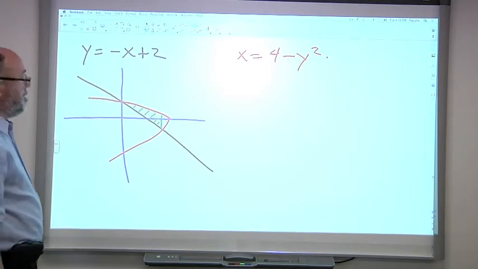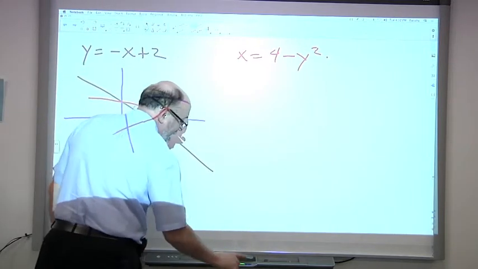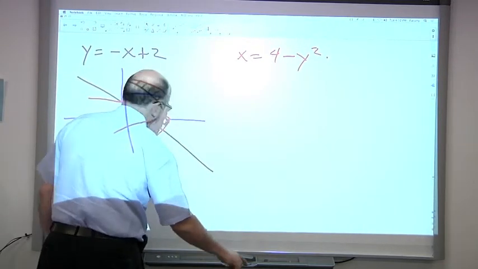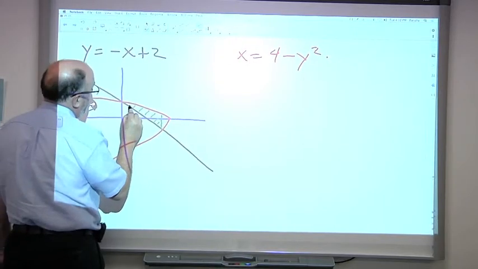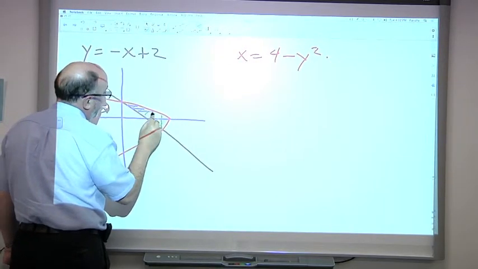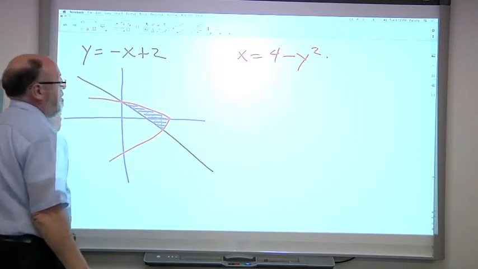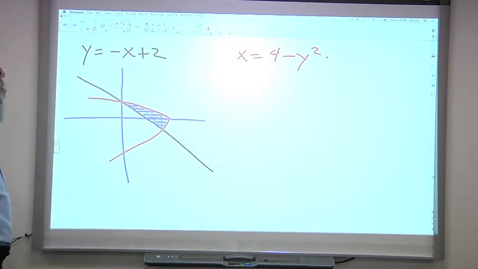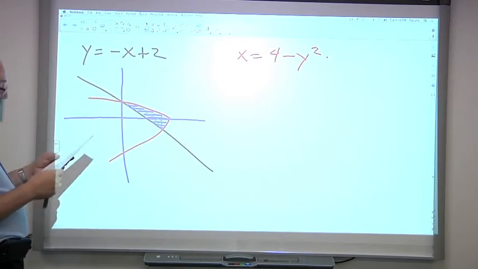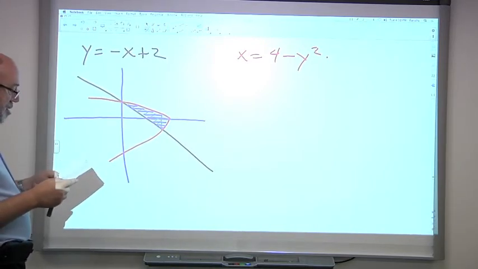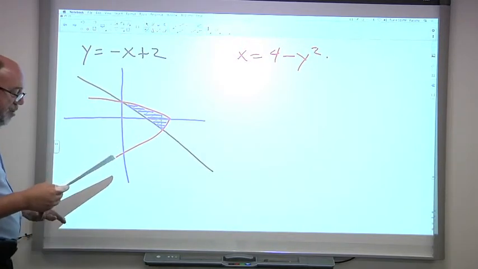But if I integrate this, not with respect to x, but with respect to y, I now integrate going this way, and I get the entire area, right? So that means in terms of this one, I'm going to have my equations, and we want to integrate with respect to y.